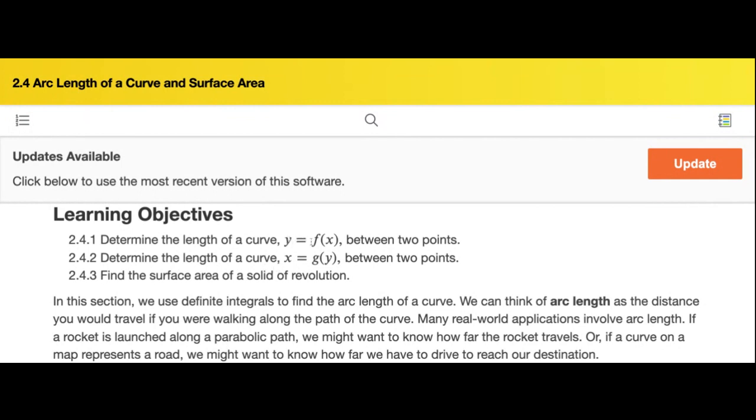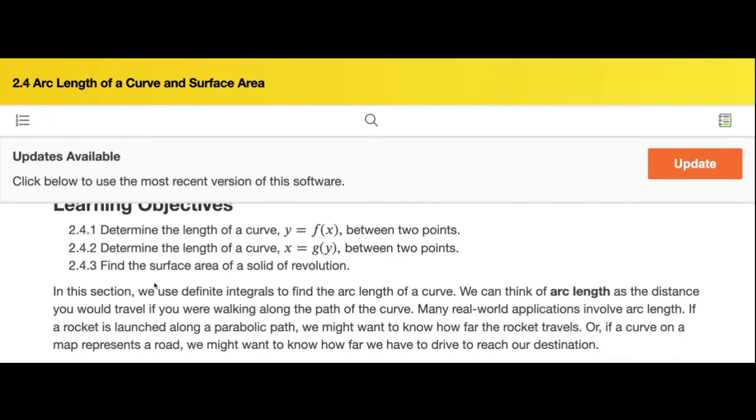The first case is we have a function in terms of x. The second case, we have a function in terms of y. You can think of this one as the inverse function of f, so g of y is like f inverse of f of x. And also we want to find the surface area of a solid of revolution.